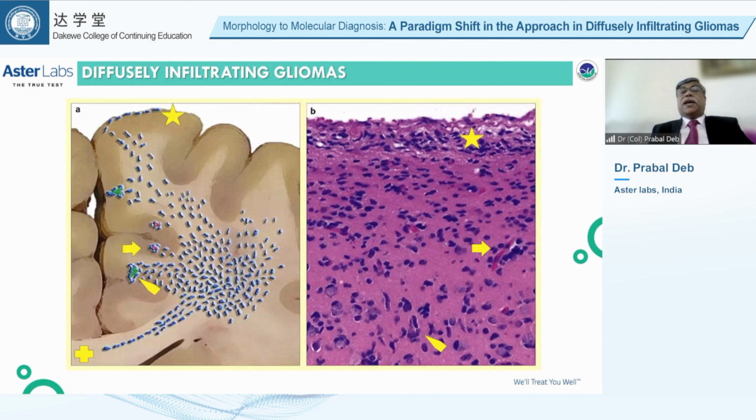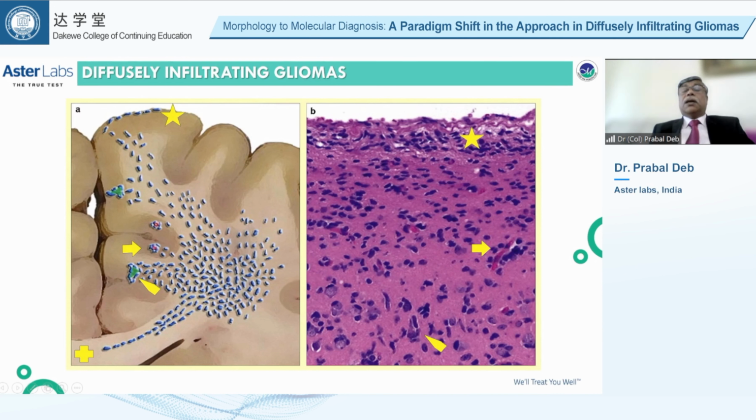Now, what is a diffuse infiltrating glioma? This constitutes more than 75% of our neuropathology workload in any routine center. Now, it is something like this. The central tumor might be at one place, and tumor cells keep on diffusely infiltrating into distant areas.